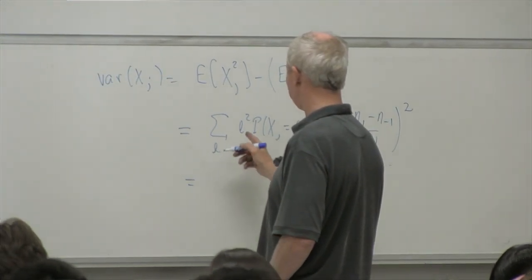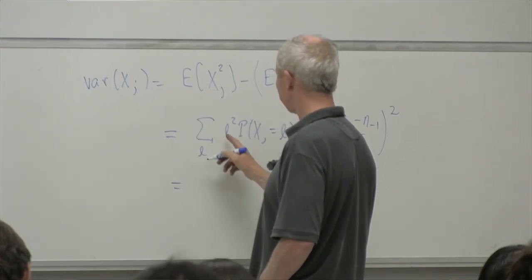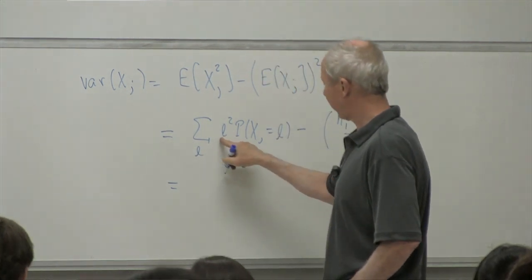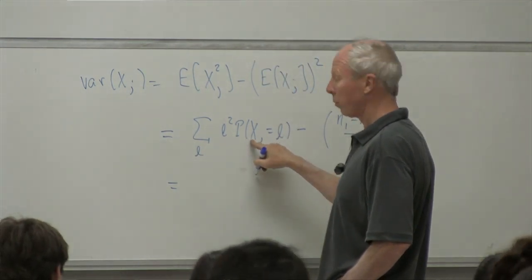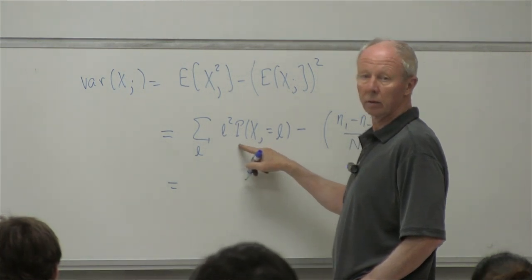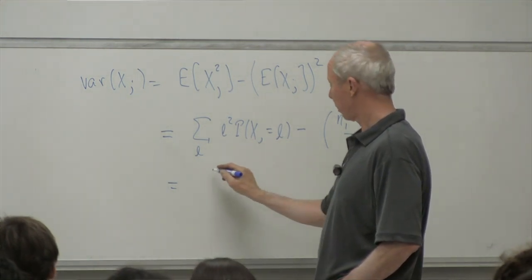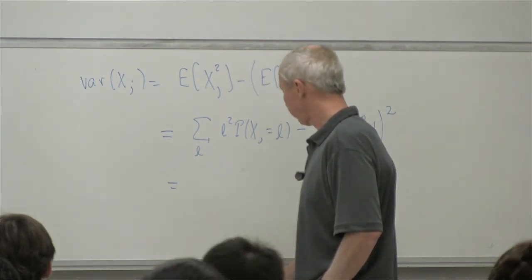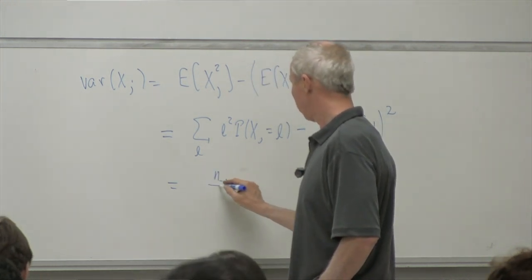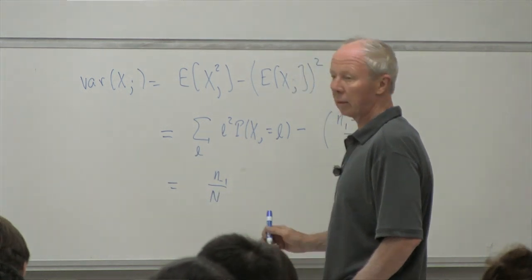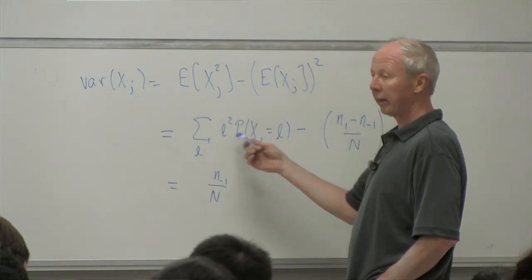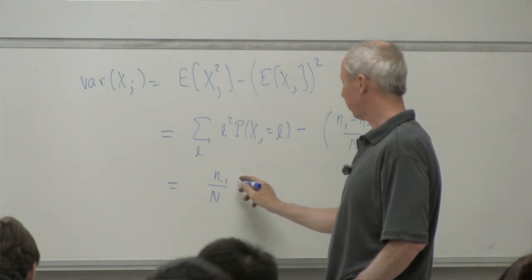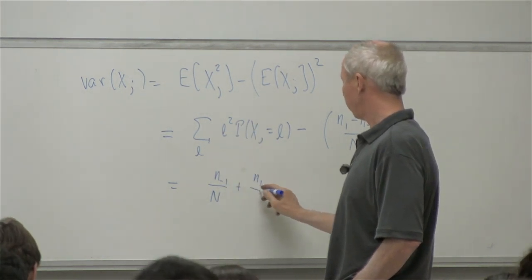L would be minus 1, 0, or 1. When L is minus 1, this becomes 1. So if this is minus 1, we get 1 here. What do we get here? When I put minus 1 there, it's n sub minus 1 over capital N. When I put 0 here, I get nothing. And when I put 1 there, I get 1 times the probability that x sub j is 1. That'd be plus n sub 1 over capital N.